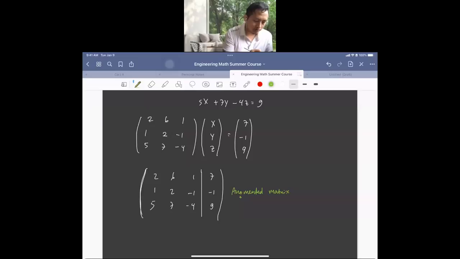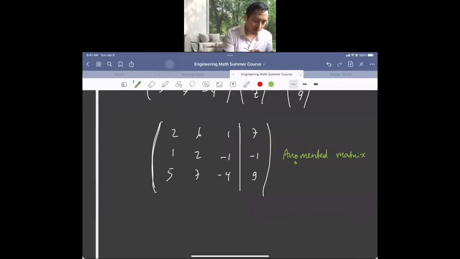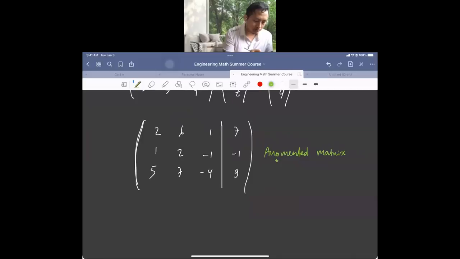Basically, it's the same thing. What you're going to do is make it into echelon form. Basically, you need to make the diagonal 1, 1, 1, and the lower part becomes 0.